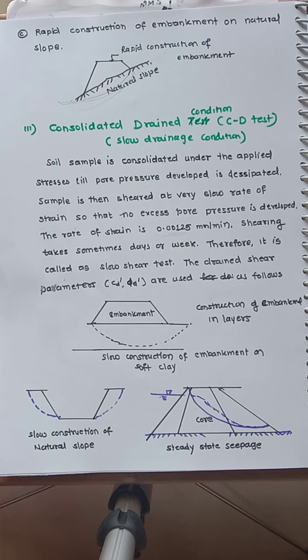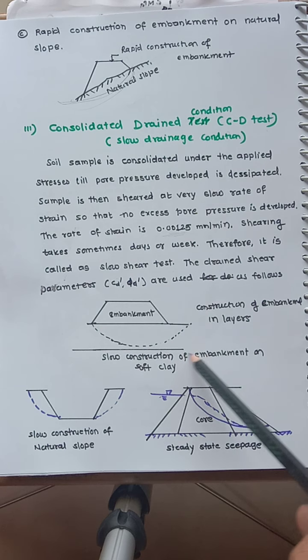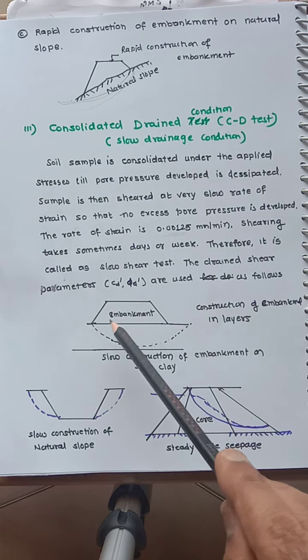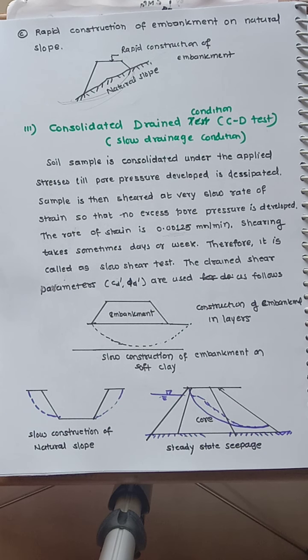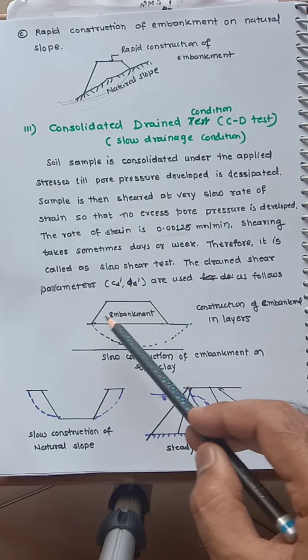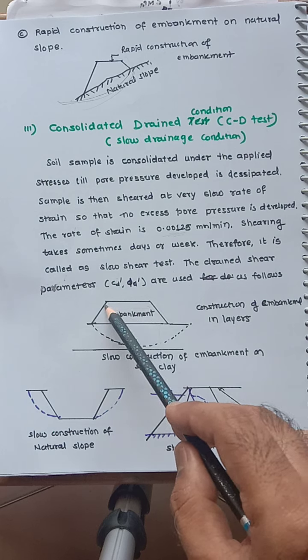Take a similar example: suppose a compressible strata like a clay strata, and an embankment is constructed. It is a huge embankment, but it is done in layers. Each layer is constructed and allowed to stand as it is to consolidate the strata: first layer, waiting period, second layer, waiting period, third.